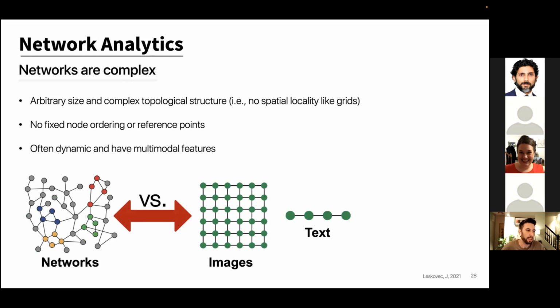So I'm happy to talk in more detail about how these deep learning models work if there are questions, but the main thing to understand here is that up until the last year or so, there hasn't really been a complete solution to leverage deep learning for analyzing networks.